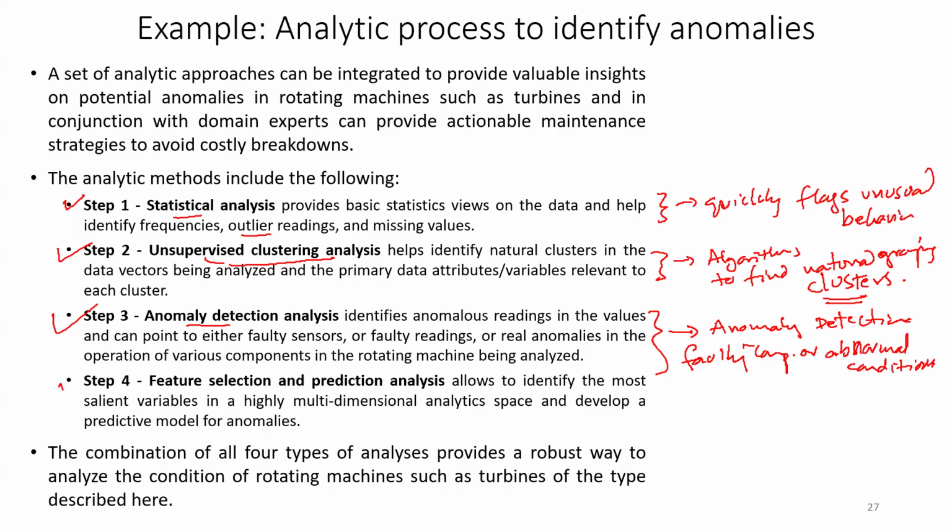Then comes the fourth step, which is feature selection and predictive analytics. This is one of the most critical steps. We focus on selecting the key features, because till this point you have hundreds of possible features. So we have to find the dominant key features that influence or result in the anomalies, or are able to detect the anomalies.